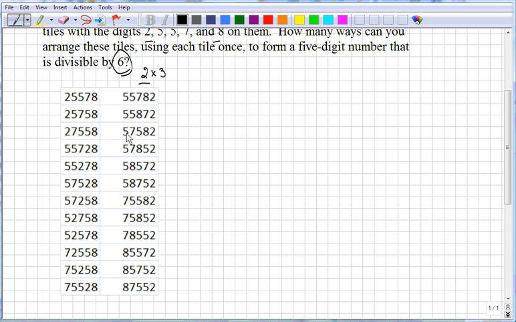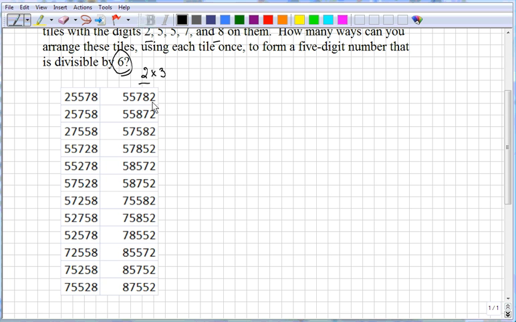And then, basically within those two cases, I looked at all the ones starting with 2, 5, 2, 7, there's only one because of the double 5, 5, 5, 5, 7, 5, 2, 7, 2, 7, 5.